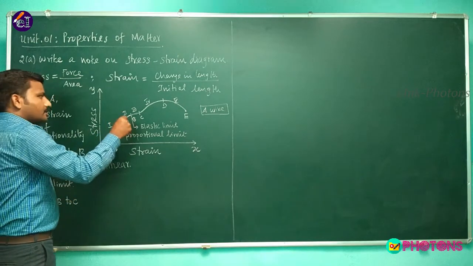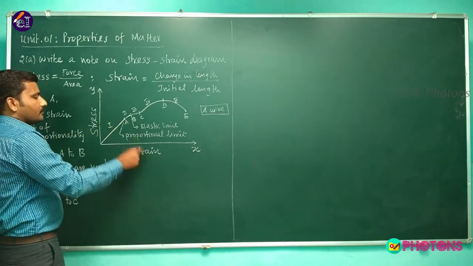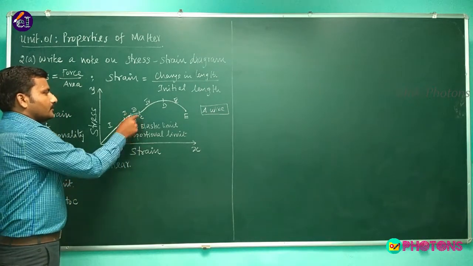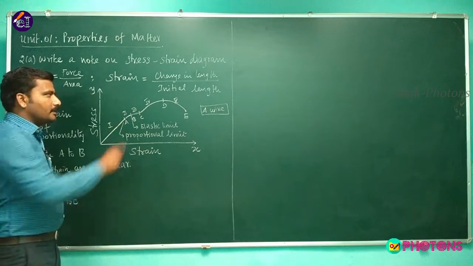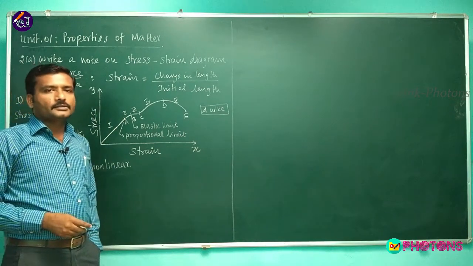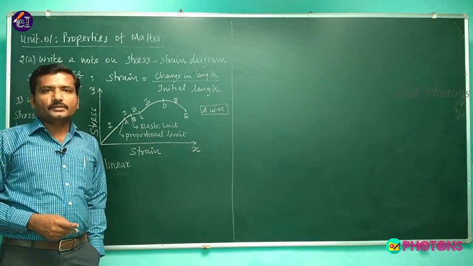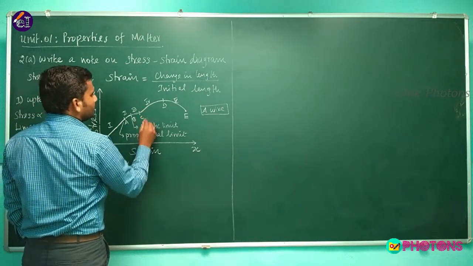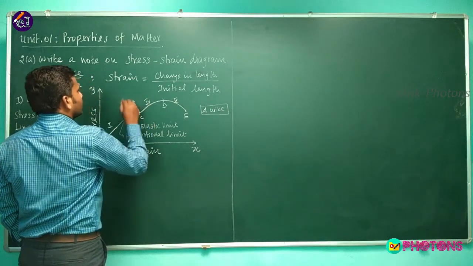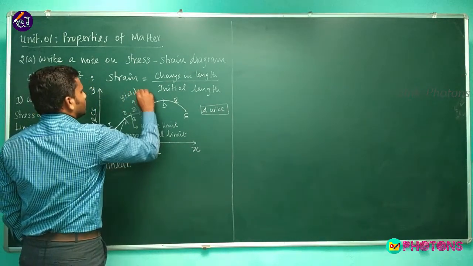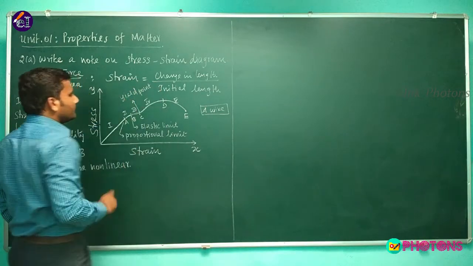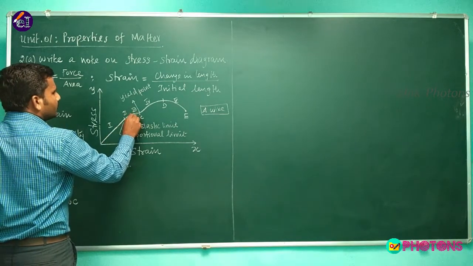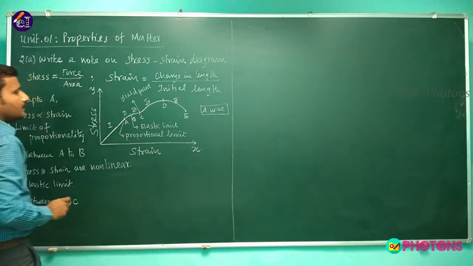Rather, it will possess some residual strain. This residual strain is called the yield point, so point C is the yield point. The end of point B is where the plastic limit starts.